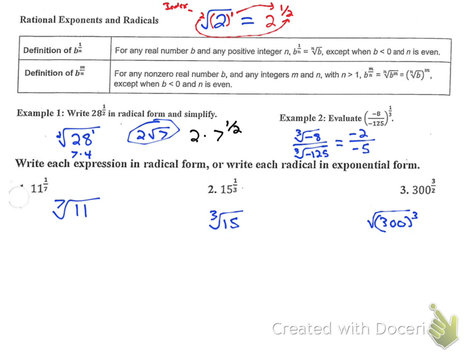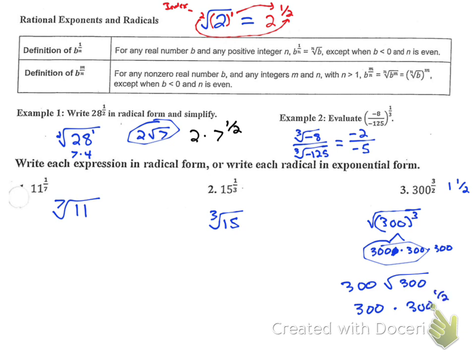So we could take out a 300. You'd have a 300 left inside the radical. Now, it wasn't asking you to do that. They just wanted to take it to the next level. So you could also write that as 300 times 300 to the 1/2 power. Again, wasn't asking you to do that. Just trying to show you everything there, right?